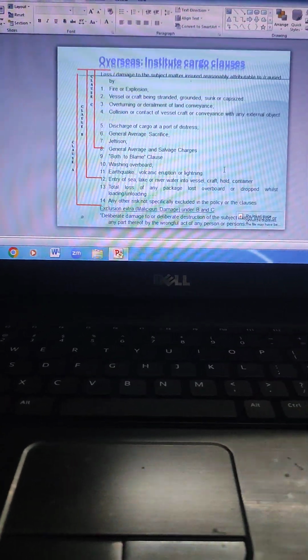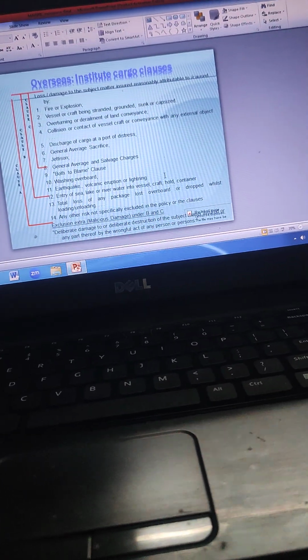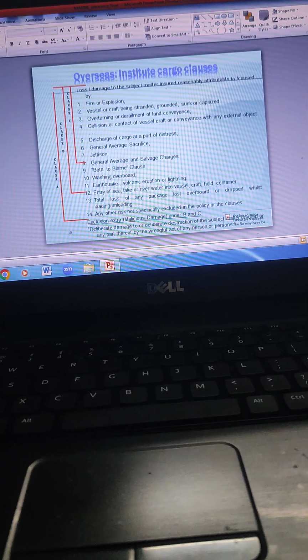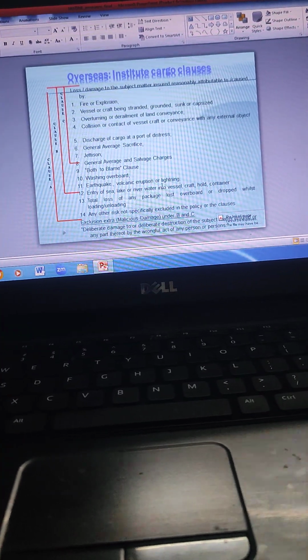Clause A includes 8. General average and salvage charges included in clause C only. If the clause A is taken, that is the biggest one, that includes 2 more risks like total loss of any package, lost overboard, and any other risk not specifically excluded in the policy. So these are the institute cargo clauses.